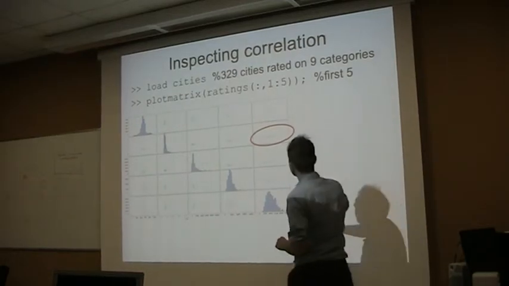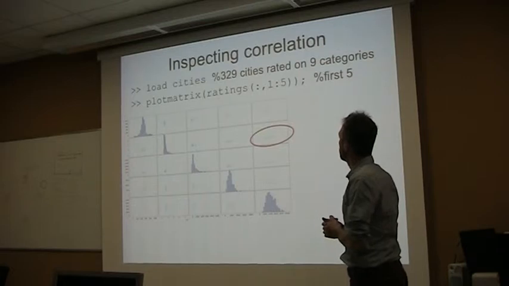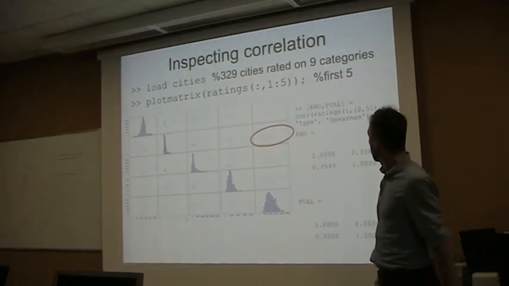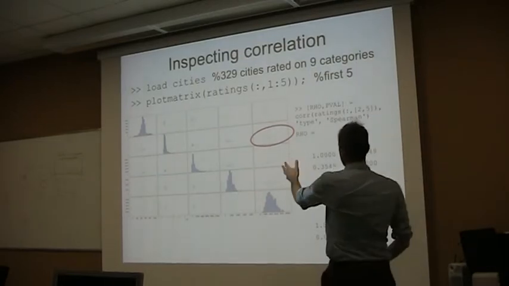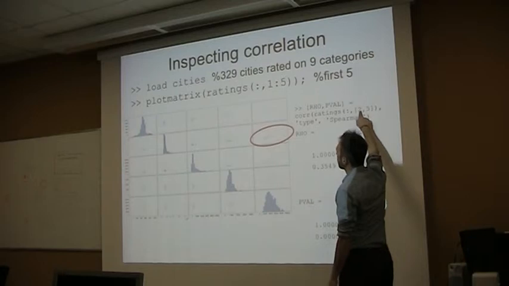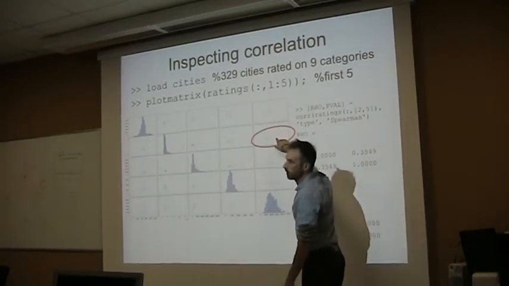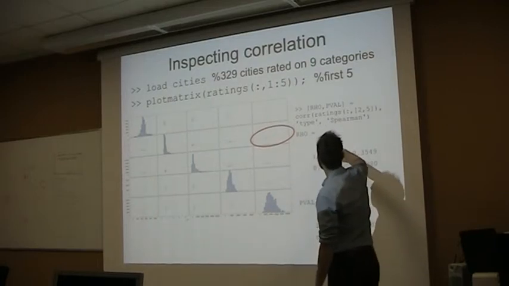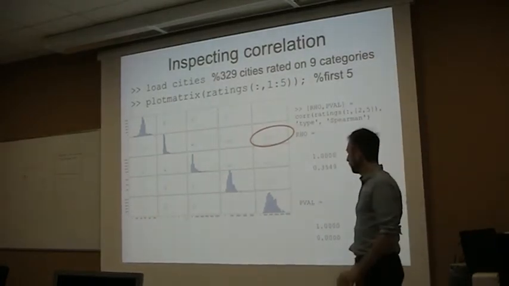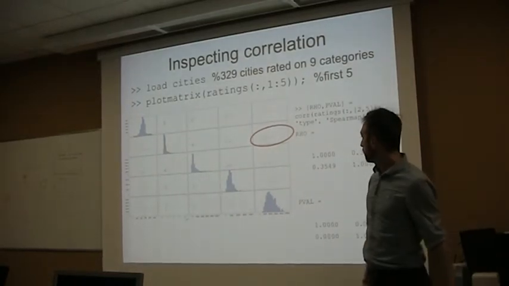And whenever it looks like it could be correlated, let's compare this with the calculations. This is visual, this is statistics. If I take the second and the 5th column of ratings, that corresponds to this, right? And the correlation is 0.35, and the p-value is highly significant. So it seems significant.